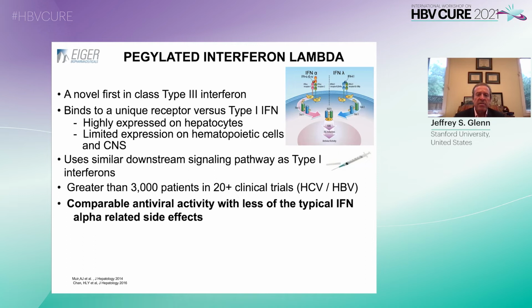Interferon lambda has been evaluated in over 3,000 patients in the context of over 20 clinical trials, mainly in the context of hepatitis C, hepatitis B, where the drug was given once a week for 48 weeks. And the net effect, again, is that comparable activity has been demonstrated, but interferon lambda is much better tolerated.